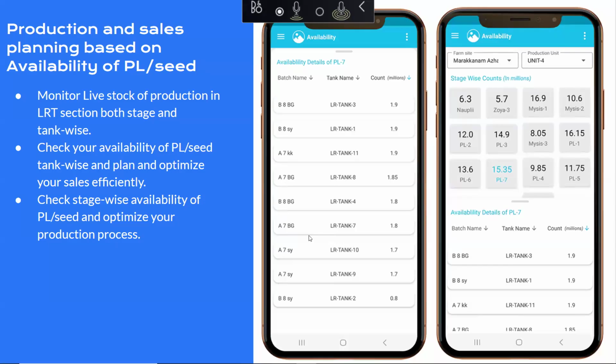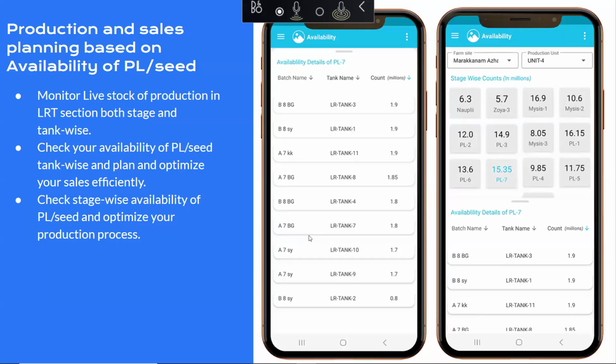And the sales guy can do an objective based sales activity to sell all the seed. So he can do this 2 to 3 days in advance and reduce overproduction.